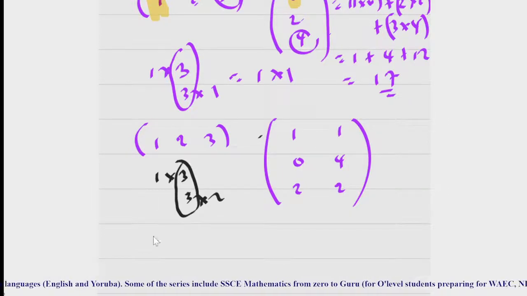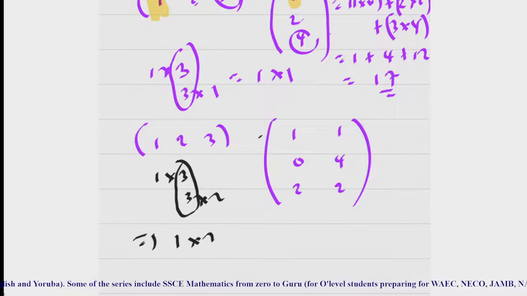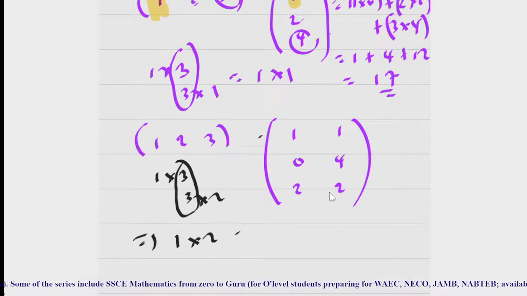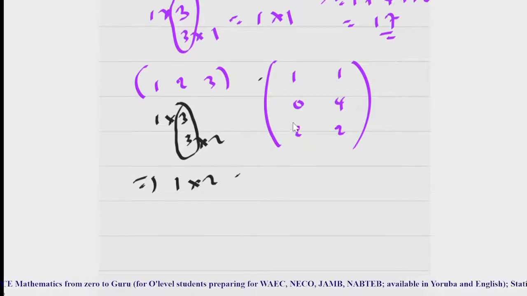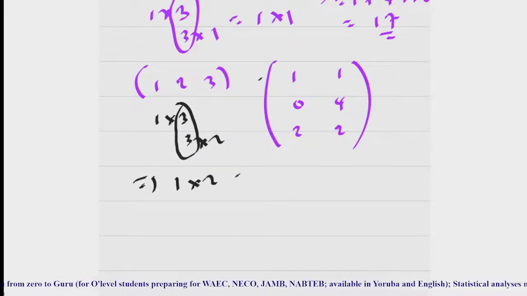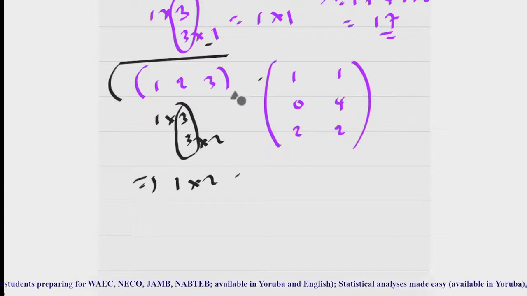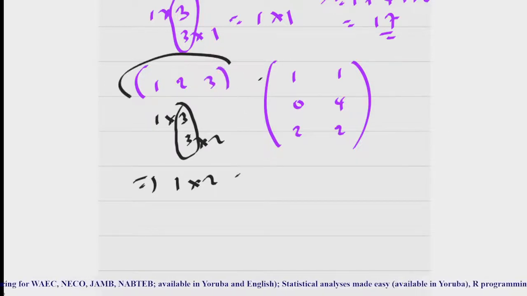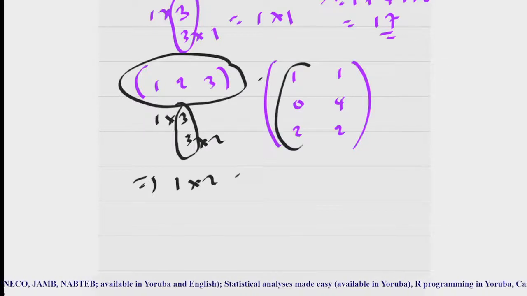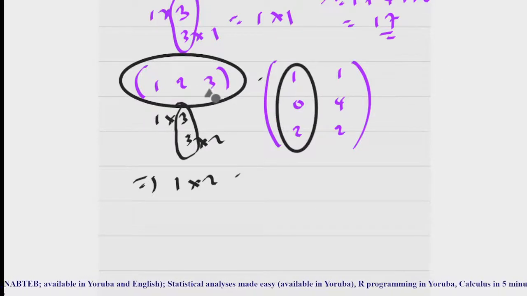And the product of this matrix will give rise to a 1 by 2 matrix. How do you now multiply it? Don't forget I said you multiply row with columns. You first of all multiply this row by this column, then again the same row by the second column.